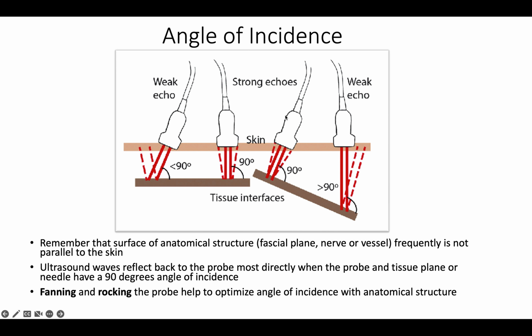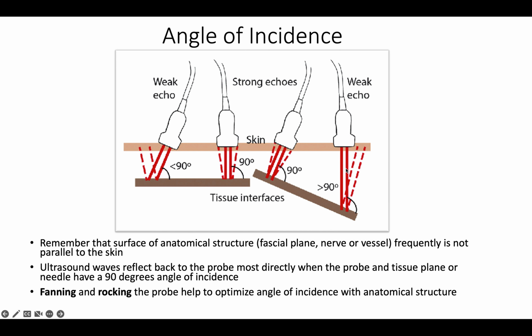So once again, ultrasound waves reflect back to the probe most directly when the probe and tissue plane or needle are at 90 degrees angle of incidence. And to optimize this angle of incidence, we'll frequently use fanning or rocking of the probe.